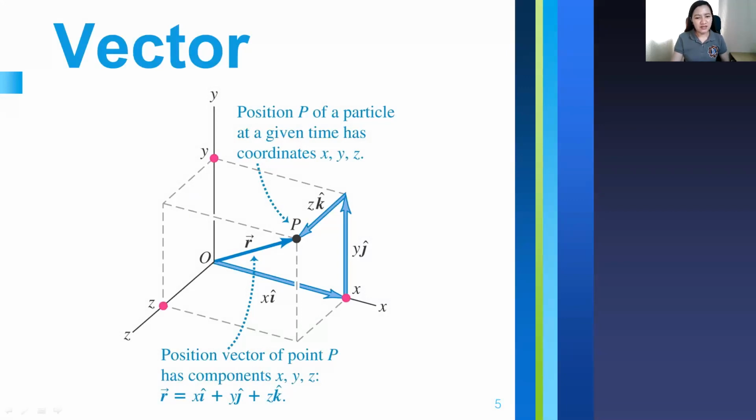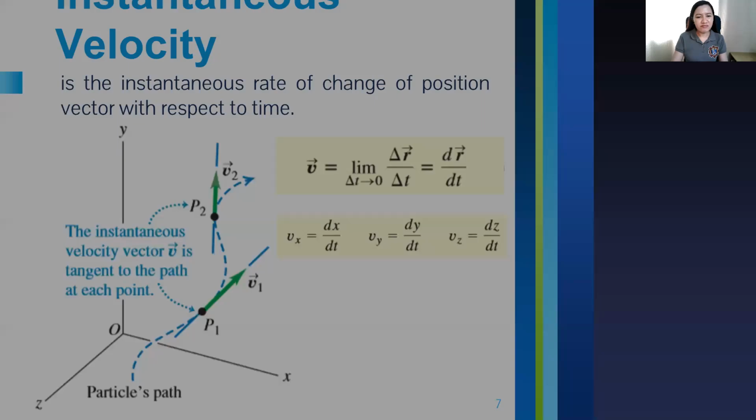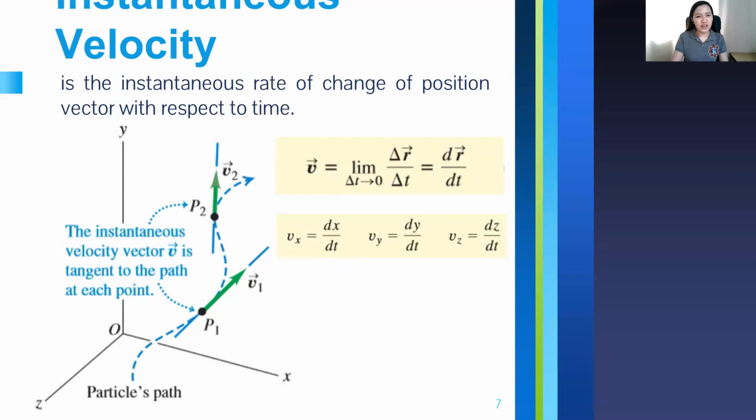For particle P, this is the position of particle P at a given time, which has coordinates x, y, z. This is the position vector of particle P. The terms that we are going to be using now are, first, instantaneous velocity, the instantaneous rate of change of position with respect to time.